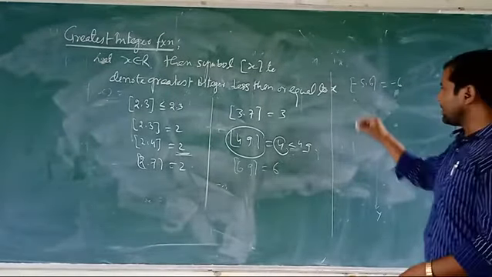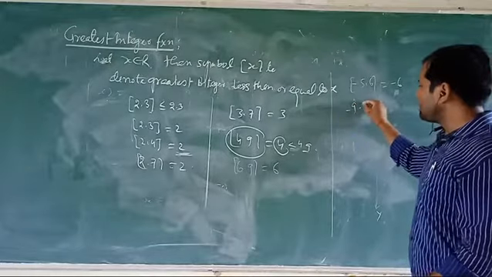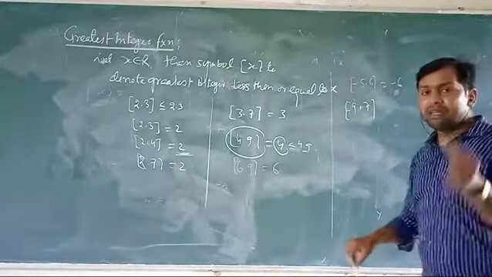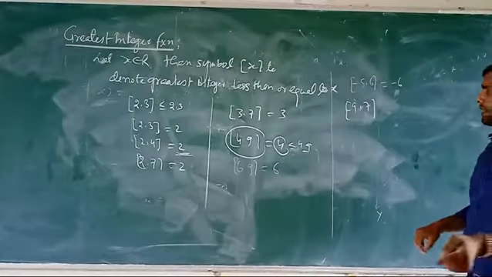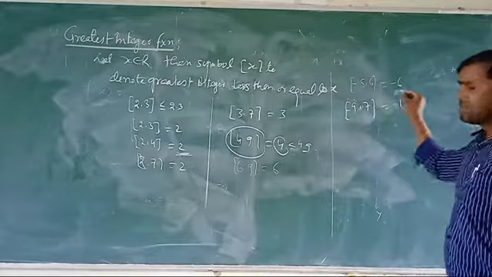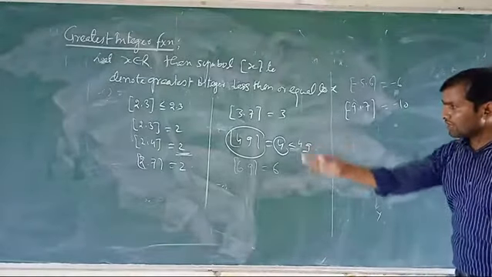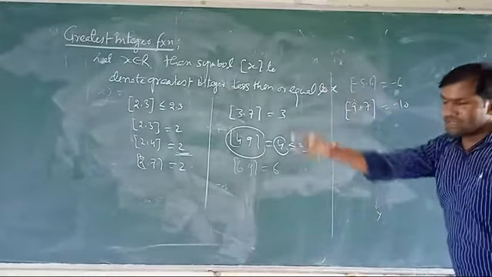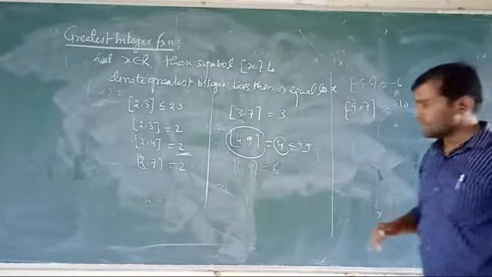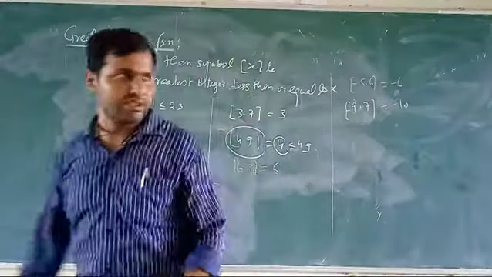And after that, minus 9.7: the integral value less than minus 9.7 will be minus 10. These are the greatest integer function values. Okay, greatest integer function.